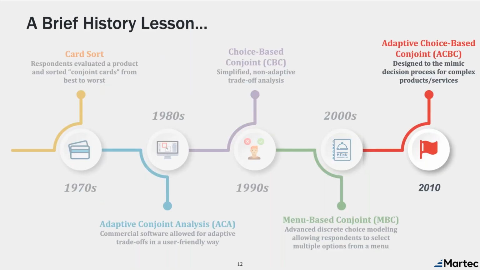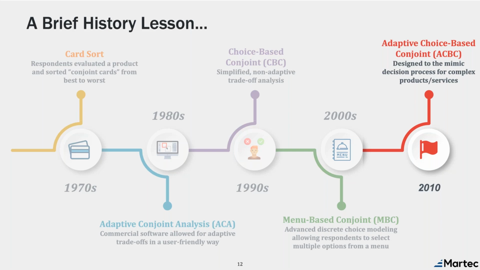Around 2010, adaptive choice-based conjoint was developed, and this has really been designed to mimic the decision process for complex products and services. ACBC combines the best aspects of both the adaptive conjoint and the choice-based conjoint.